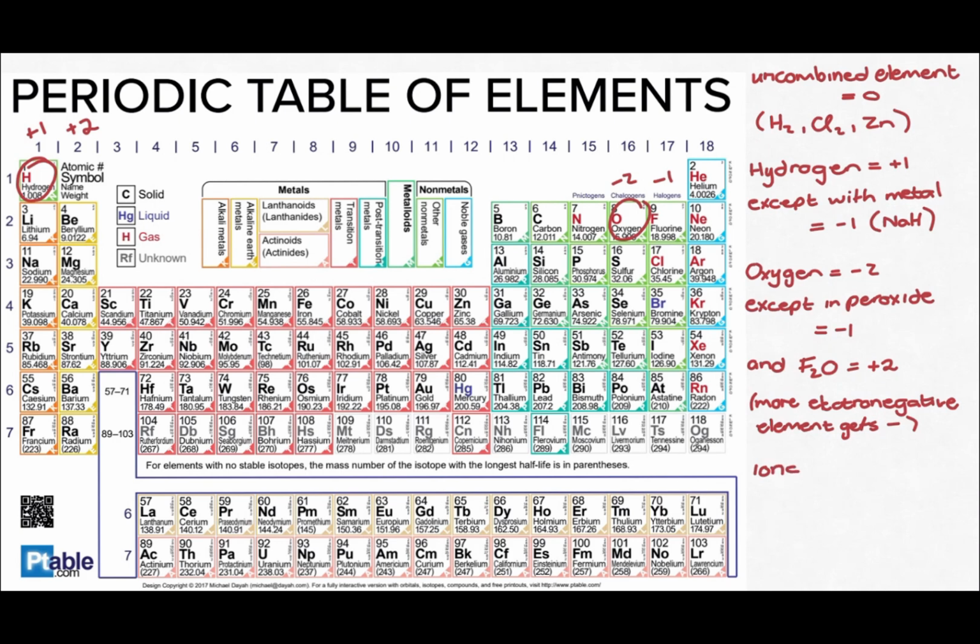Ions, which have different charges, will always have an oxidation number equal to the charge. For instance, if oxygen is charged, it will be 2-, so the oxidation number is -2. The sum of the oxidation numbers in a compound must always equal 0.